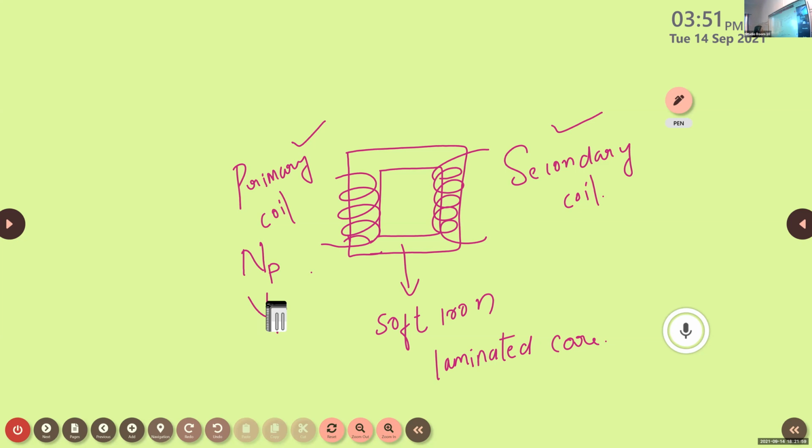And the current generated in the primary coil is taken as IP. All these three terms are associated with the primary coil.